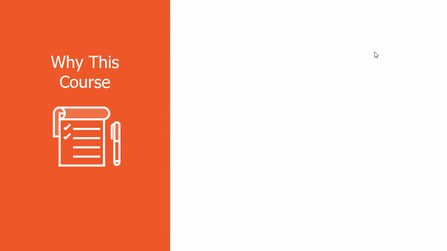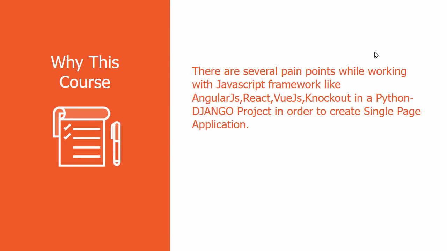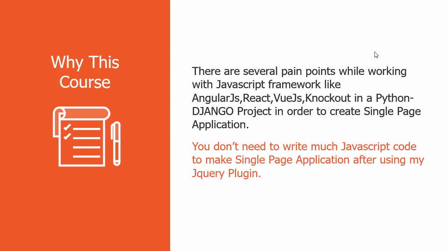Why this course? There are several pain points while working with JavaScript frameworks like AngularJS, React, VueJS, Knockout in a Python Django project in order to create a single page application. You don't need to write much JavaScript code to make a single page application after using my jQuery plugin.